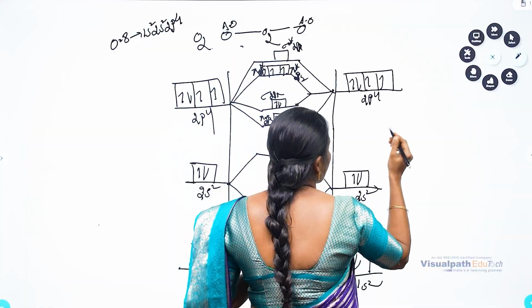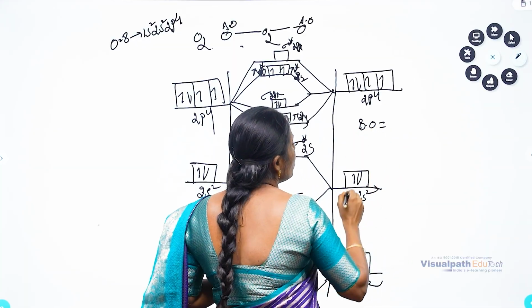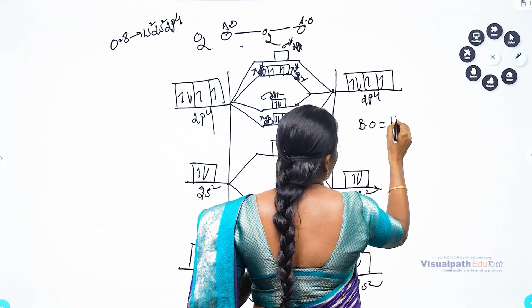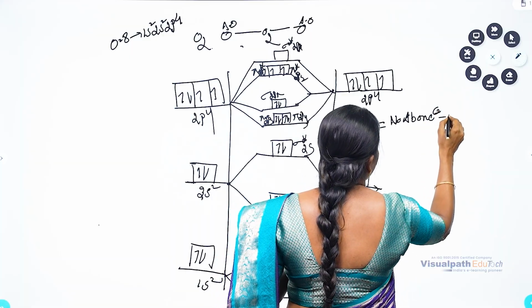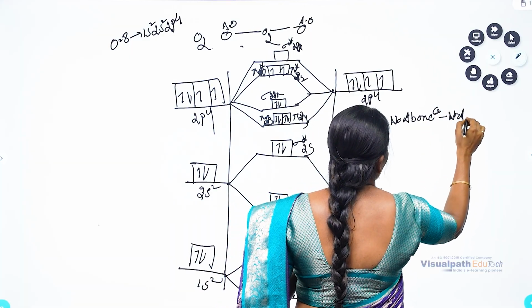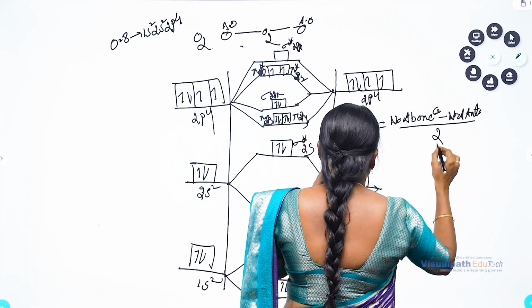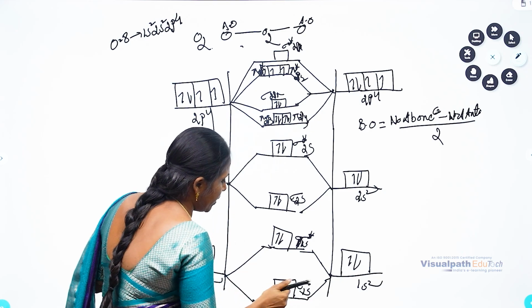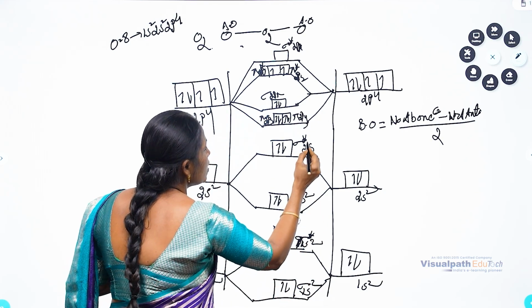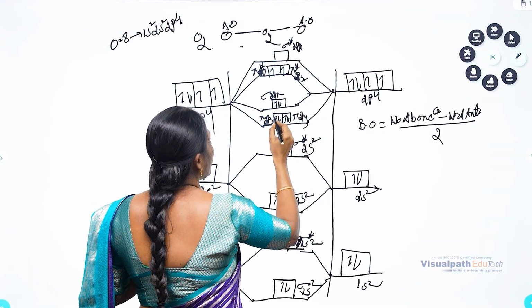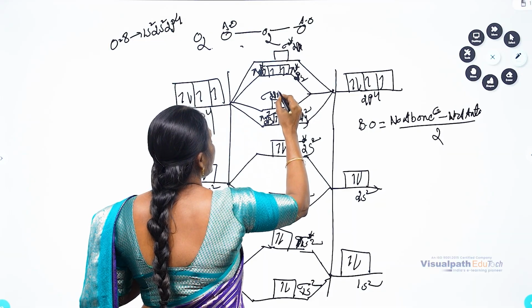So here calculate the bond order. Bond order is equal to number of bonding electrons minus number of anti-bonding electrons divided by 2. So here how many bonding electrons are there? It is sigma 1s2, sigma star 1s2, sigma 2s2, sigma star 2s2, pi 2pz2, pi 2py2, sigma 2px2.